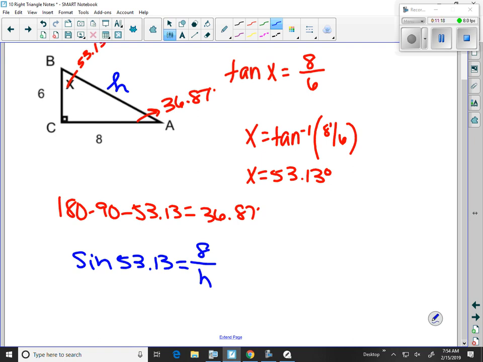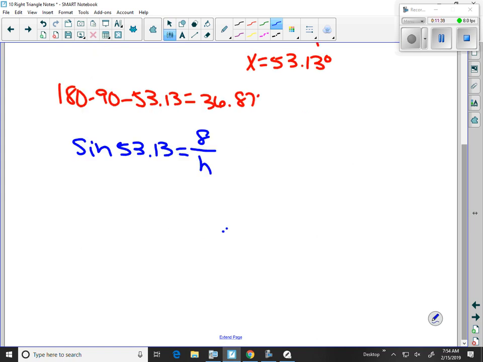So whichever trig function you use, that's fine. You just have to make sure you set that up right and you use a proper angle then. We could have also done this angle, opposite 6 over hypotenuse. So there's options there. When we're solving for these, we're trying to get h all by itself here.